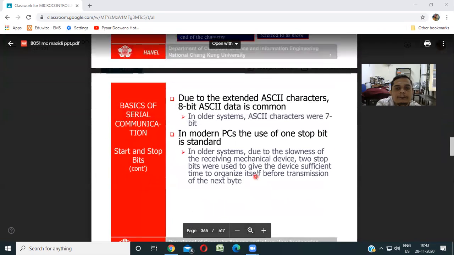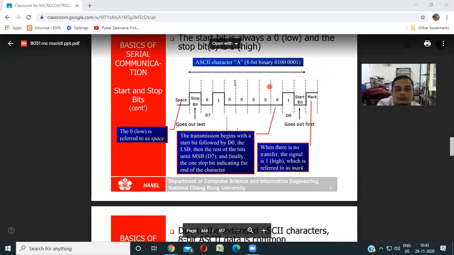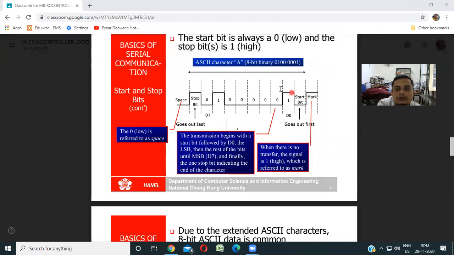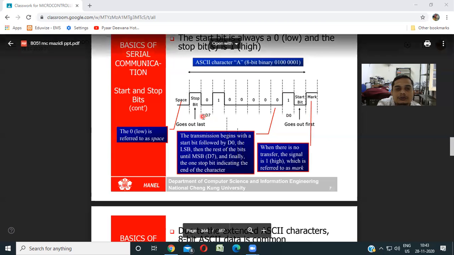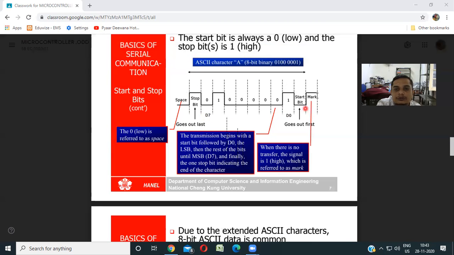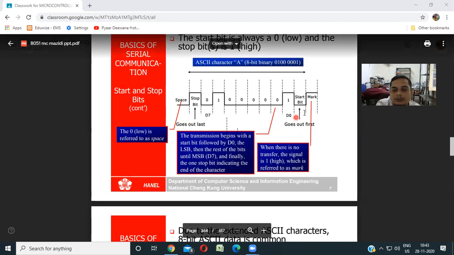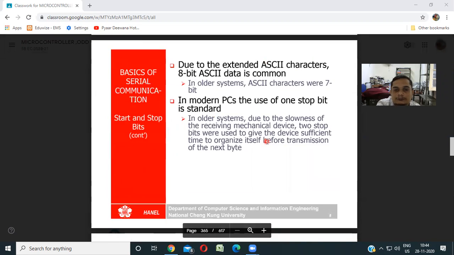Here from the start bit to the stop bit, it makes a total of 10 bits of data instead of 8 bits, D0 to D7. Because of this framing, we are getting 10 bits of data.